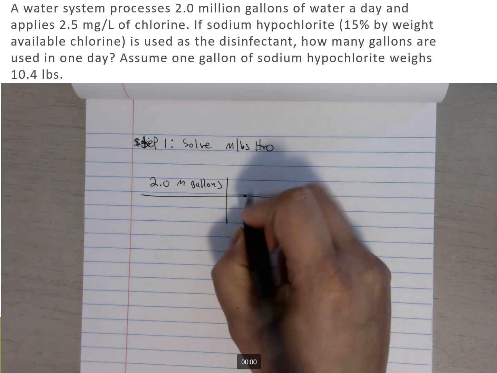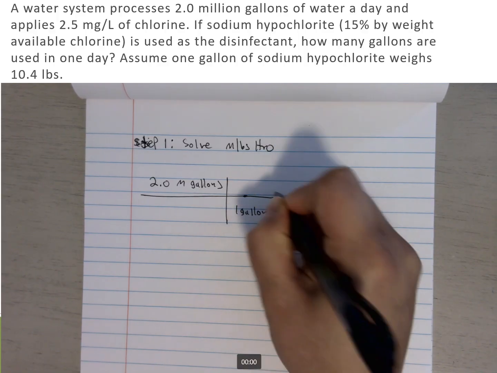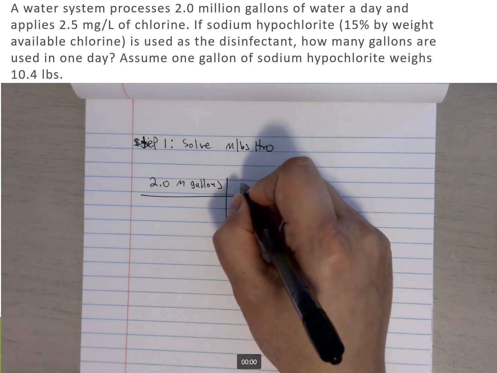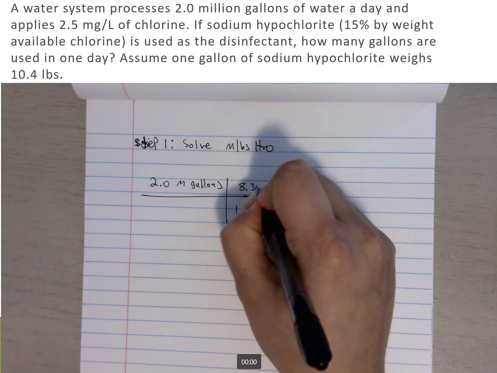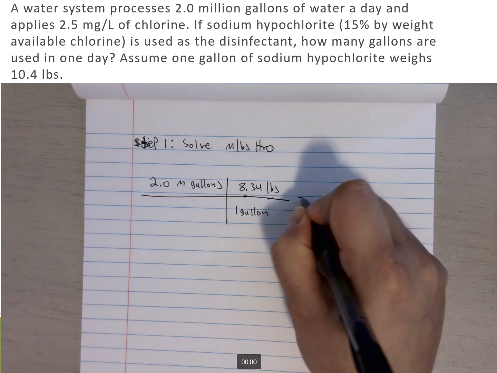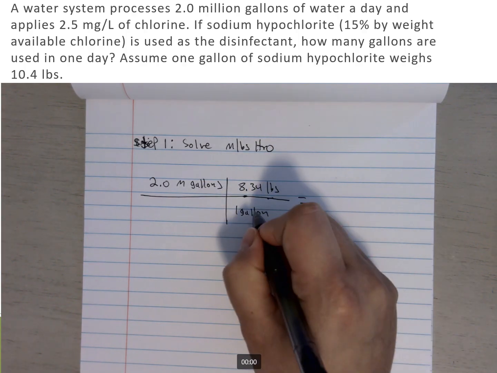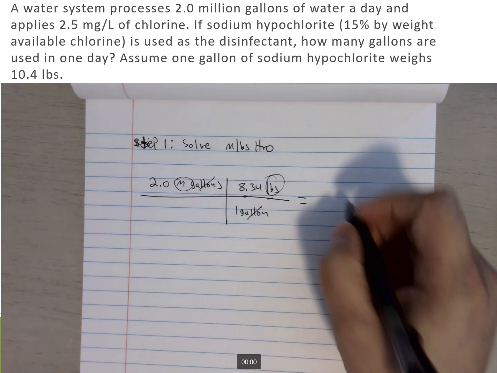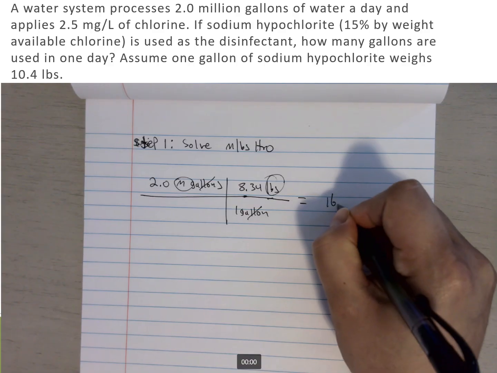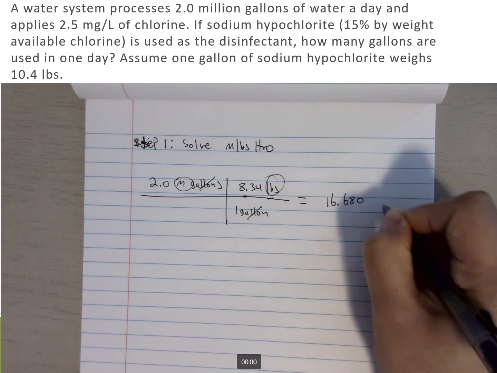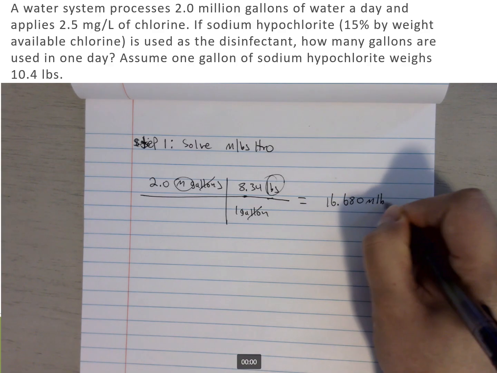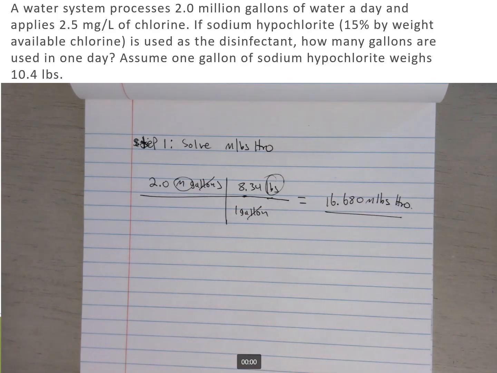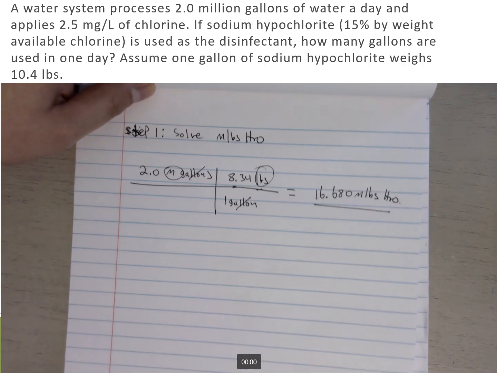We have our conversion factor, 1 gallon on the bottom, right? Because they need to cancel out. Has 8.34 pounds, right? We do a quick units check. Gallons cancel with gallons. We're left with 16.68 million pounds of water. So we've solved for our 1,000,000 pounds of water, right?